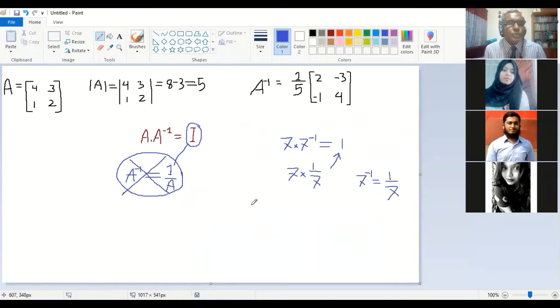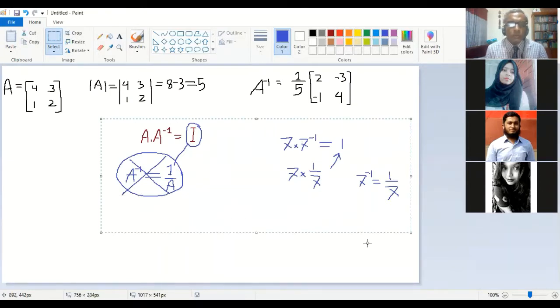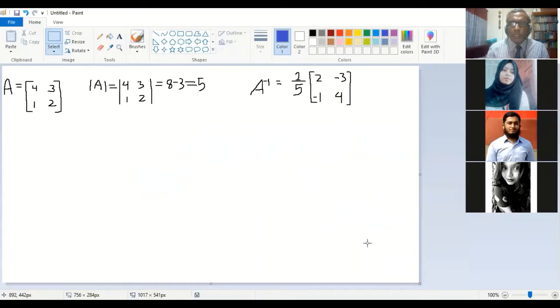Now I will show you how this inverse can be used for a real life purpose, something we may need to do in our everyday work.